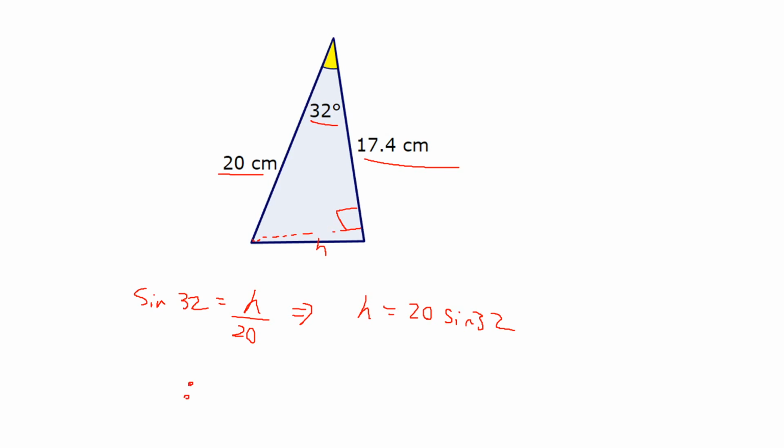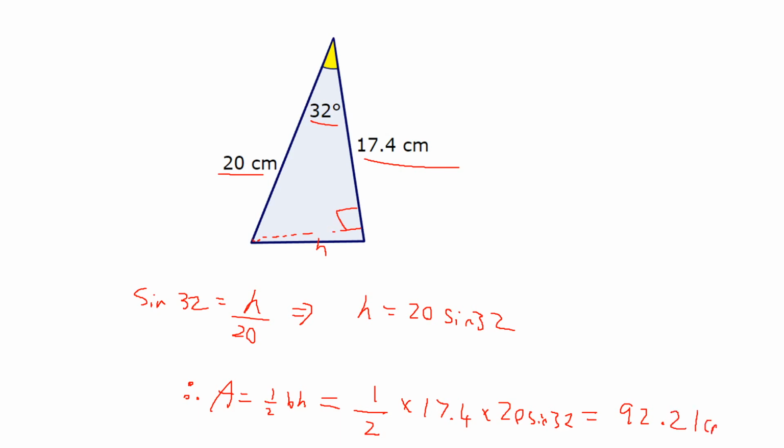And so therefore the area is equal to half base times height, which is equal to a half times 17.4 times 20 sine 32. Okay? And when we do that, we get an answer of 92.21 centimeters squared.